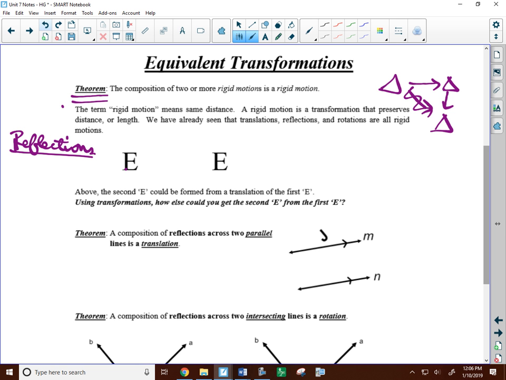I want you to think about it for 20 seconds. Again, the question is, using only reflections, how could I get from this pre-image to that image? Only reflections. So, thoughts? You can only do reflections. How could you get from this pre-image to that image?